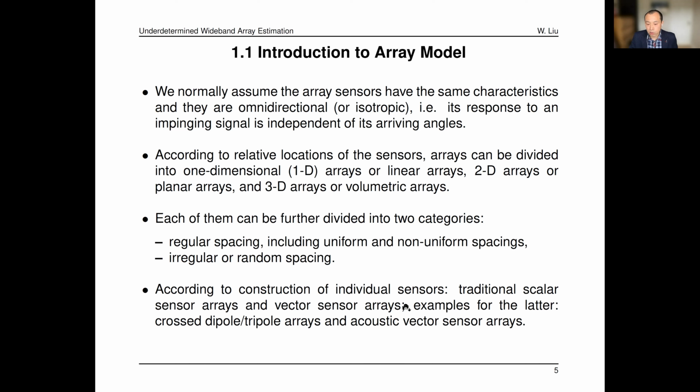Then we have vector sensor arrays, and there are more and more research activities in this area. Examples for the latter are cross dipole or triple arrays, spatially stretched triple arrays, and all kinds of variations of this dipole-based system. We also have the acoustic vector sensor array. So there are different sensor arrays, and we can classify them into different categories based on different criteria.